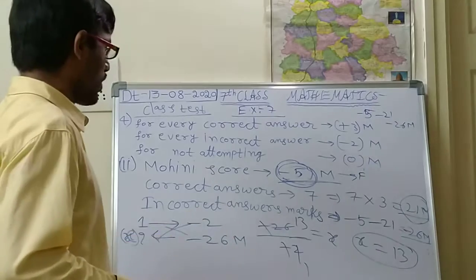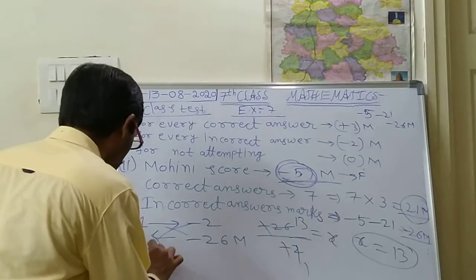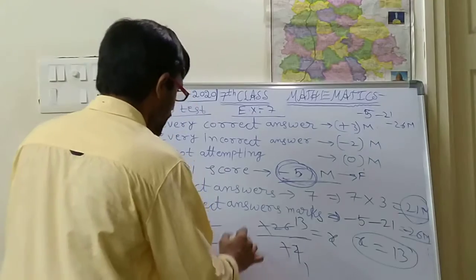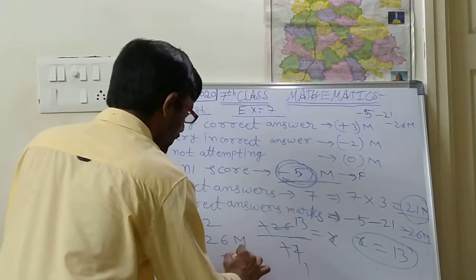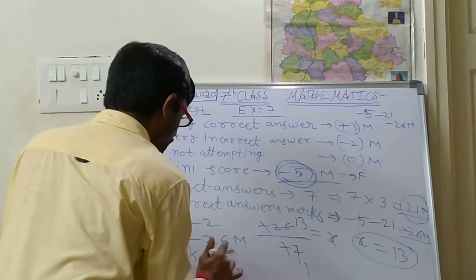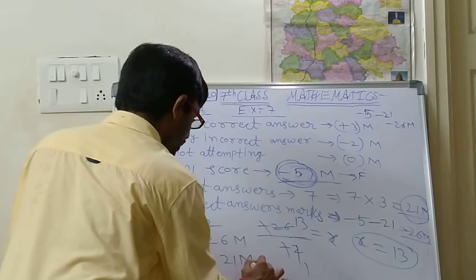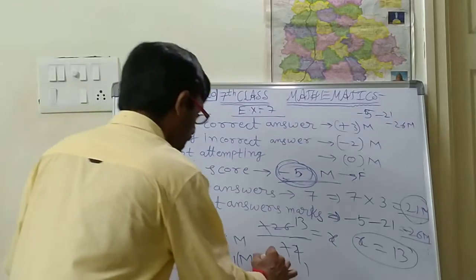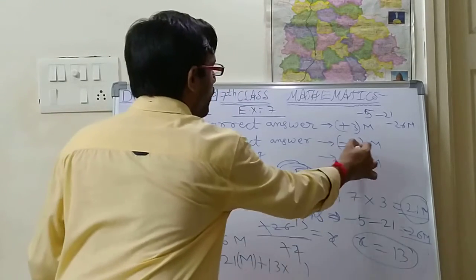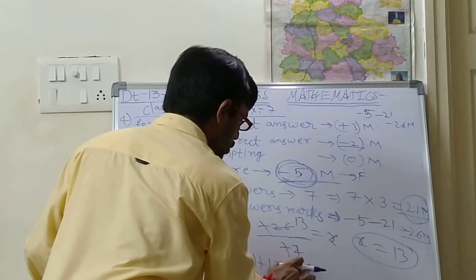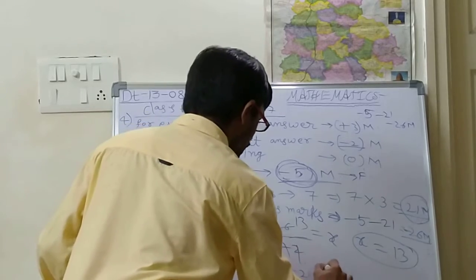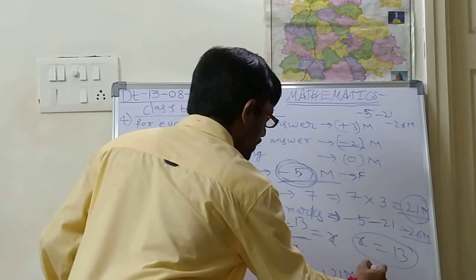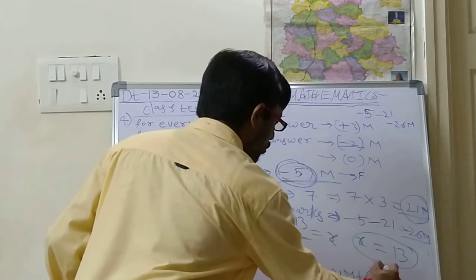Now we can check this problem, whether we have done correctly or not. Seven correct answers, 7 into 3 is 21 marks, plus 13 incorrect answers. 13 incorrect means 13 into minus 2, for every incorrect answer minus 2. So 21 marks plus 13 into minus 2 is minus 26.